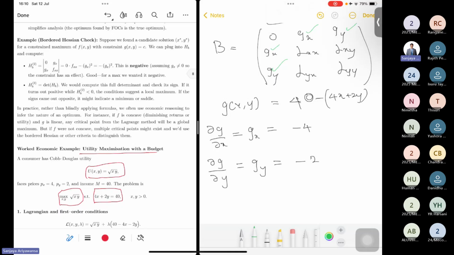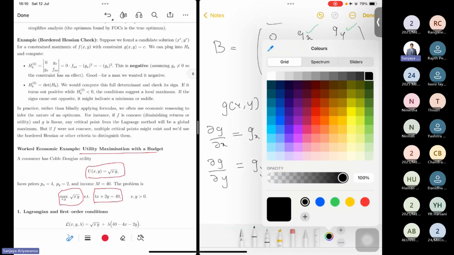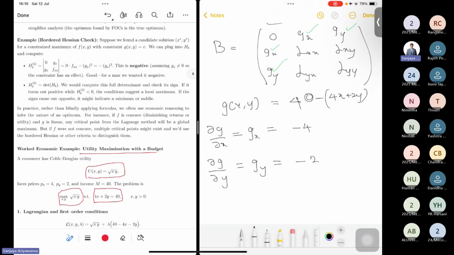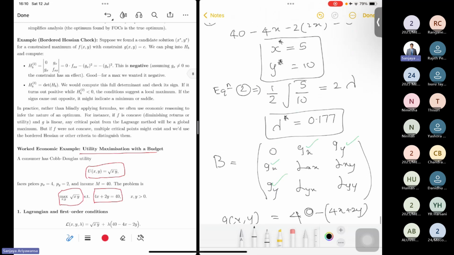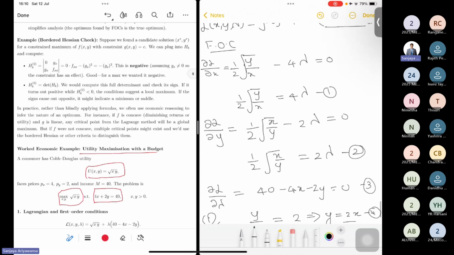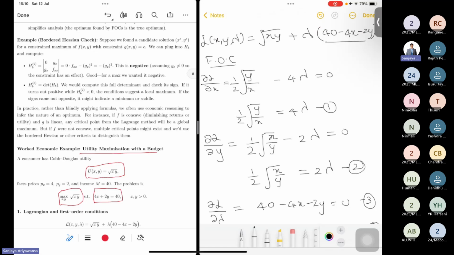That's also done. Now I have to partially differentiate my Lagrangian. I've already partially differentiated it once with respect to x. That's what you got in your first equation. And once with respect to y, that's what I got in my second equation. So this here is Lx, this here is Ly.